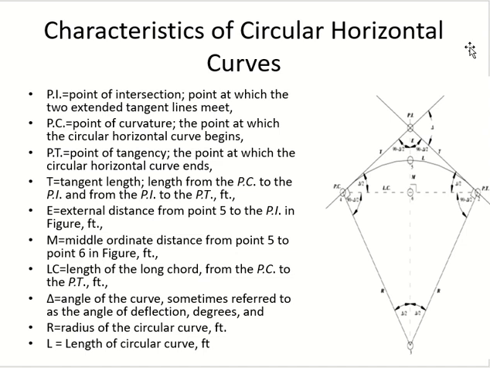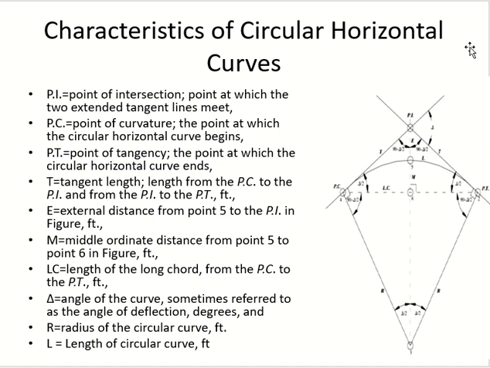Then if you draw a straight line from PI towards the center of the curve, this line will intersect the curve. The distance from PI to the curve on this straight line, we call E, external distance or external offset.